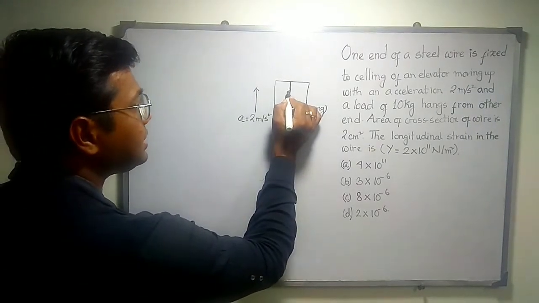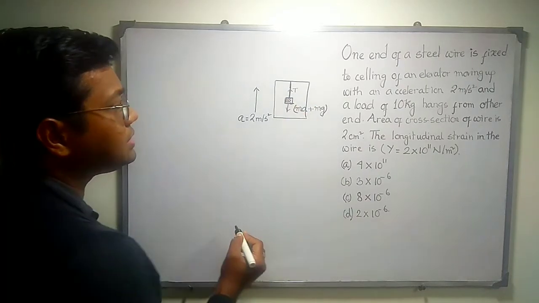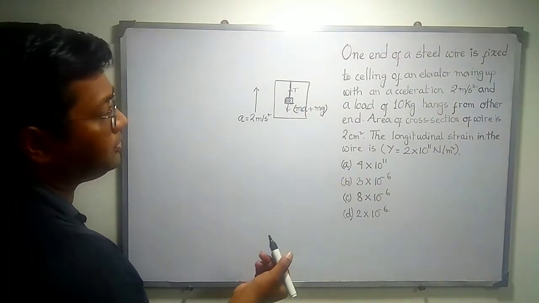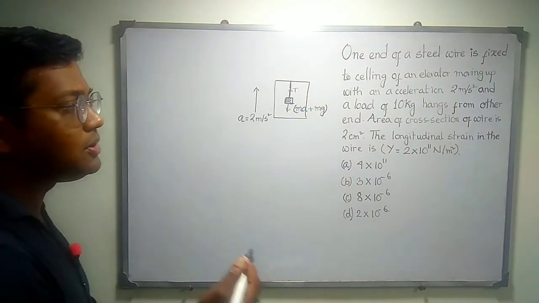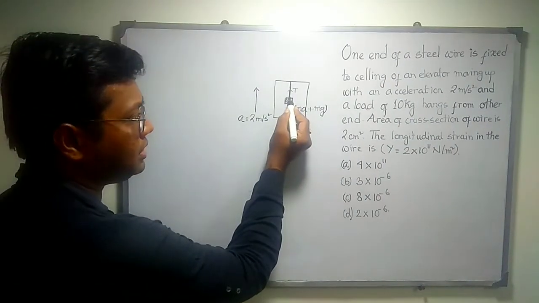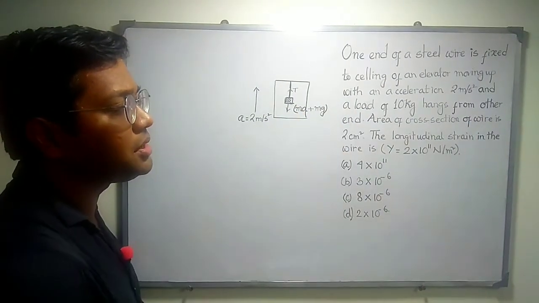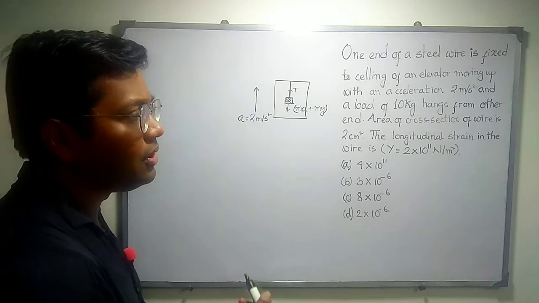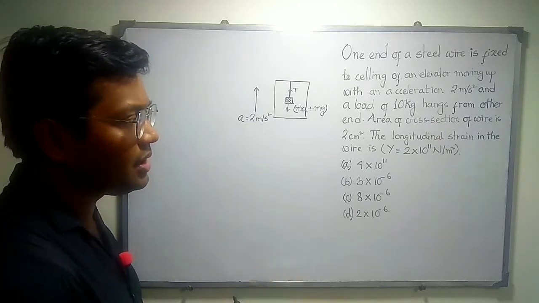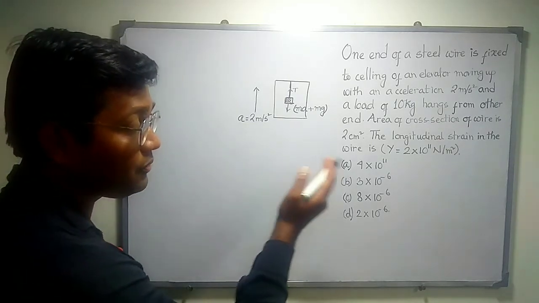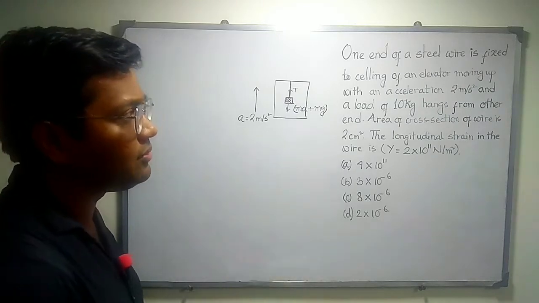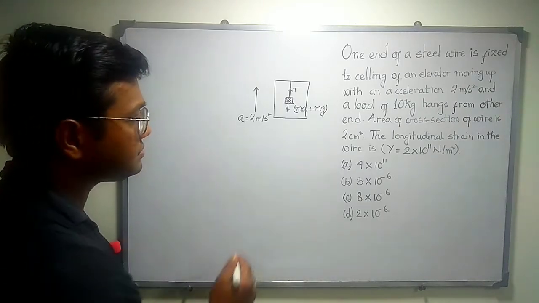That's why the tension force, or the deforming force, is responsible for the elongation of this wire, of which the cross-sectional area is given, and the Young modulus is given.